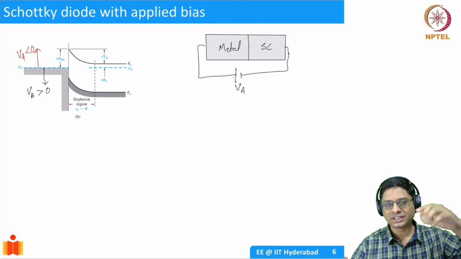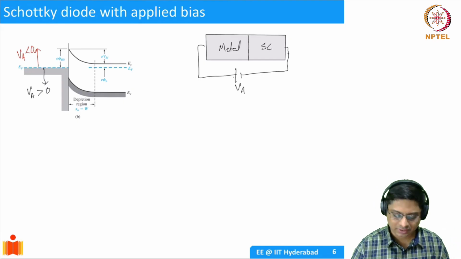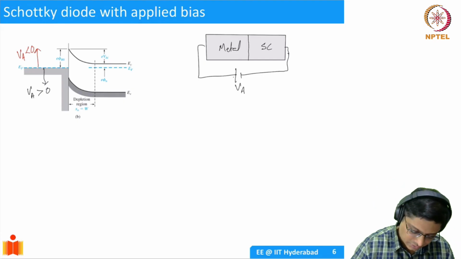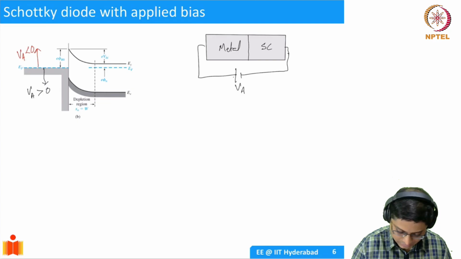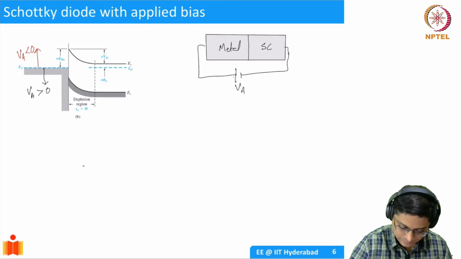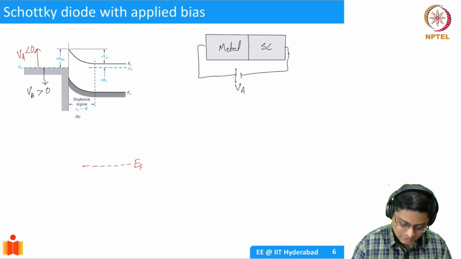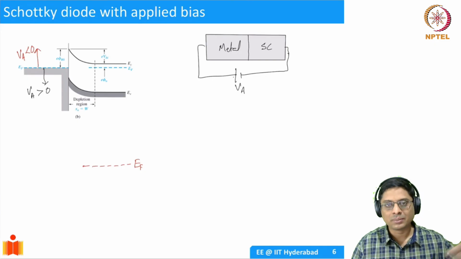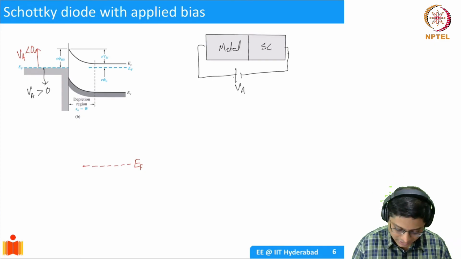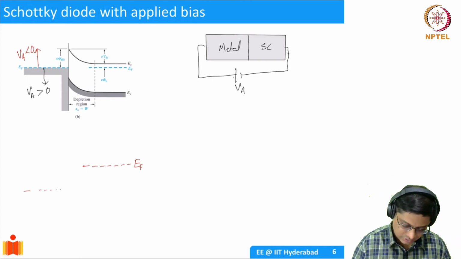If you're applying positive voltage, the whole band diagram has to move down. So I'll draw the Fermi level in the semiconductor, EFS, and then pull the metal Fermi level, EF metal, lower by the extent of the applied voltage, QVA.